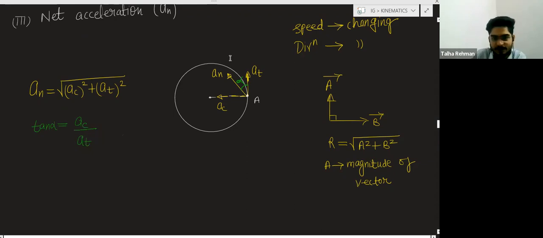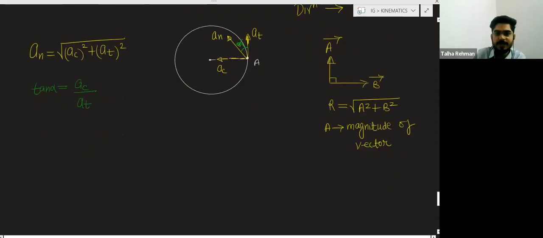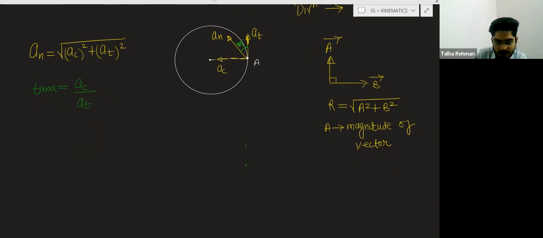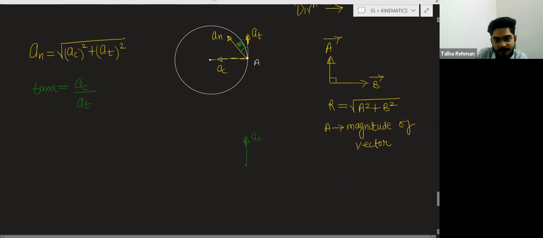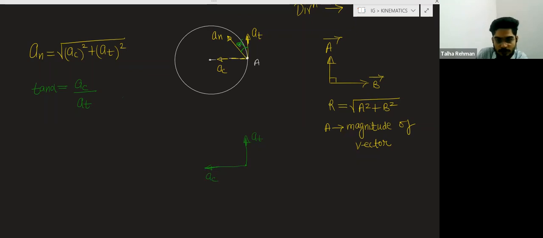I will use this diagram. So this is a point. In this direction there is a tangential acceleration, and in this direction there is a centripetal acceleration. So this angle is alpha.